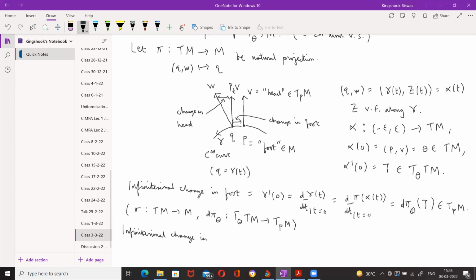Okay, so now let's look at the change in the head. So what is the change in the head? Basically, I look at this change in the head, I divide by t and I let t tend to 0, right?